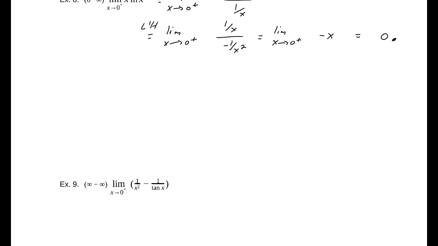Number 9. This one's going to be an infinity minus infinity case. So the limit as x approaches 0 is 1 over x squared minus 1 over tan x. Well, 1 over tangent is going to go to infinity as x approaches 0, because this is going to 0, so then this is going to infinity. Same thing here.